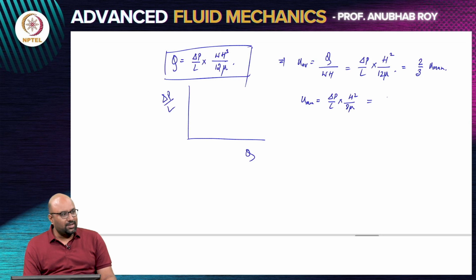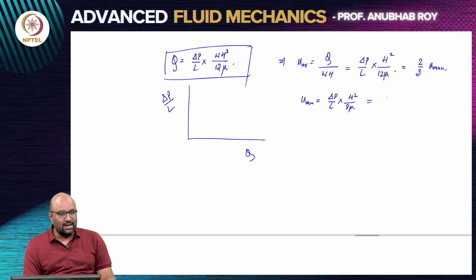Now this is all within the assumptions of the flow being steady, the flow being fully developed. So when you further study this problem, if the flow starts to no longer obey these assumptions, if you continuously keep increasing the flow rate or the pressure drop, you will observe deviation from this particular relationship.